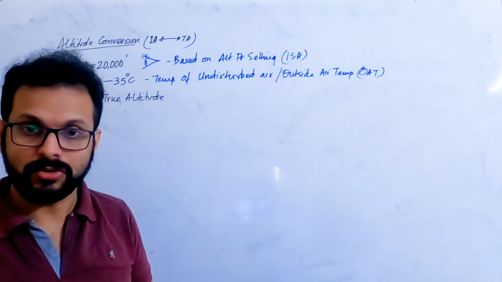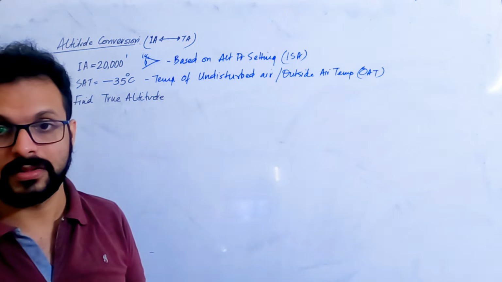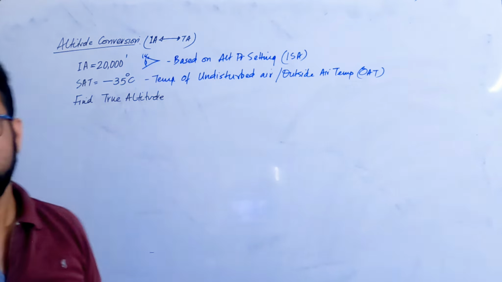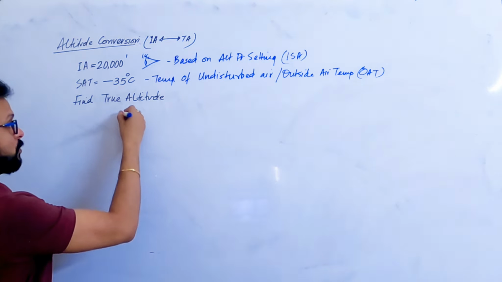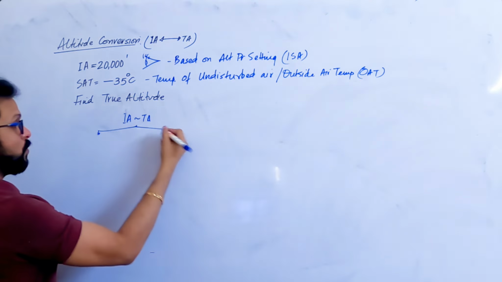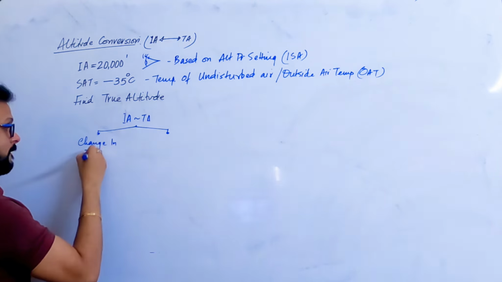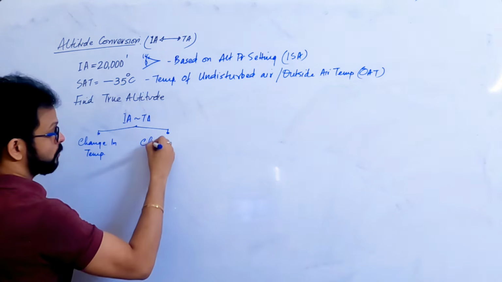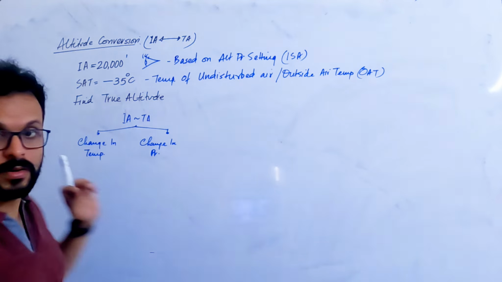On a practical day, that can change, and that change can actually cause errors. So errors will creep into the indications in the cockpit, and therefore there could be a difference between indicated altitude and true altitude. This difference, that is the difference between the indicated and the true, could be of two different reasons. One, it is because of change in temperature, the basic property of the atmosphere, or it could be because of change in pressure.